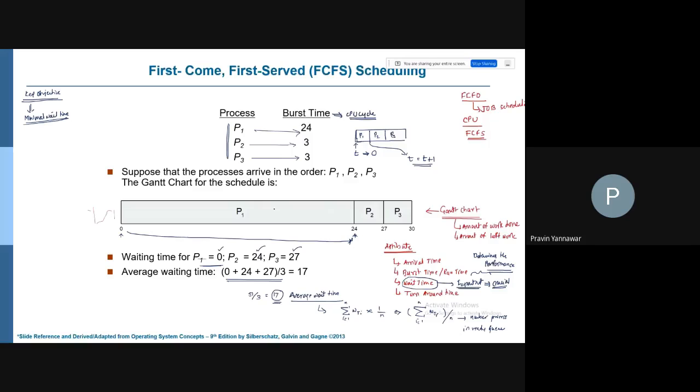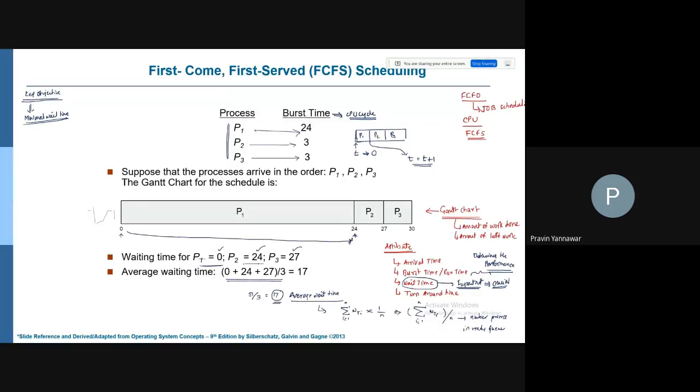P1 finishes at 24, so P2's request is served at 24, and the waiting time for P2 will be 24. Once P2 finishes at 27, P3 is executed, so for P3 the wait time is 27. The average wait time will be 0 plus 24 plus 27, divided by 3. Why 3? Because there are 3 processes in the ready queue. So this is how first come first serve scheduling happens.